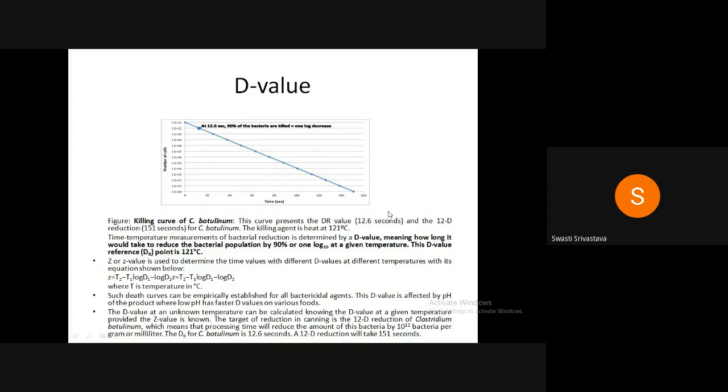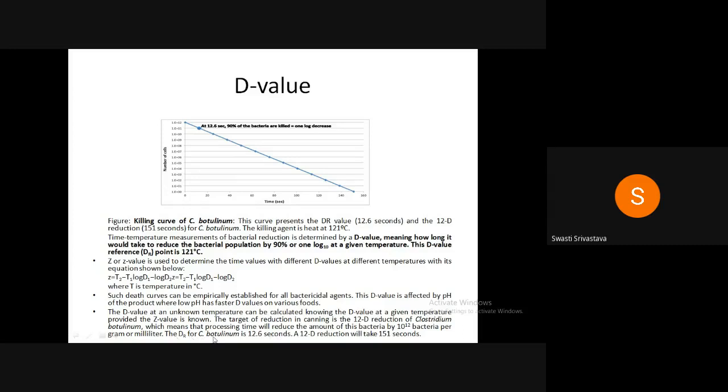This 12D means the processing time to reduce the amount of this bacteria by 10 raised to the power 12, that is the population number of bacteria per gram or milliliter. If you want to reduce this population, then the value will be given in terms of 12D.